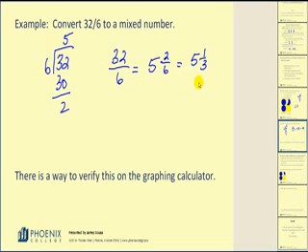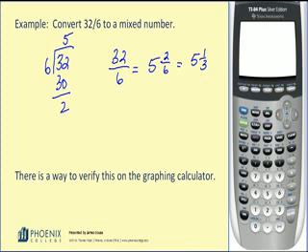Now there is a way to verify this on the graphing calculator, so let's go ahead and go over that. Starting with the original fraction of 32/6, I'm going to enter that in as 32 divided by 6. Remember, a fraction bar does represent a division sign. When I hit enter, it'll give me the decimal value of that.